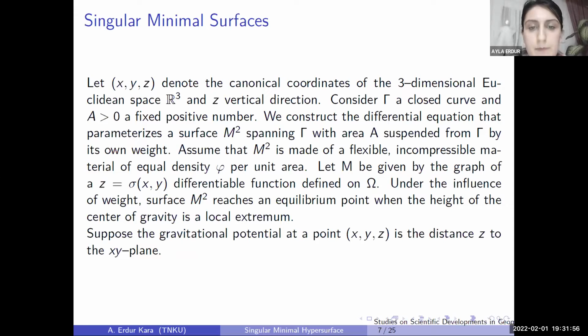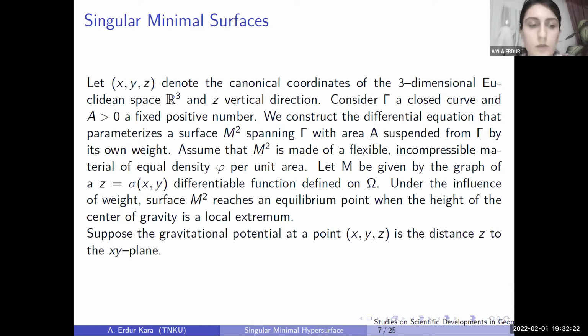Assume that M is made of a flexible, incompressible material of equal density phi per unit area. Let M be given by the graph of sigma, a differentiable function defined on sigma.